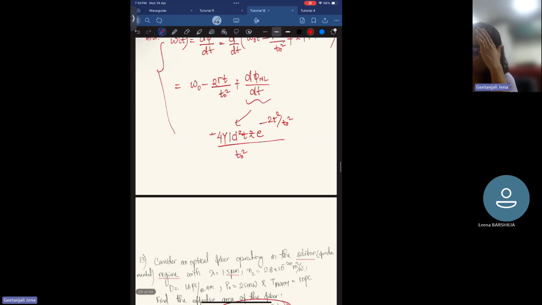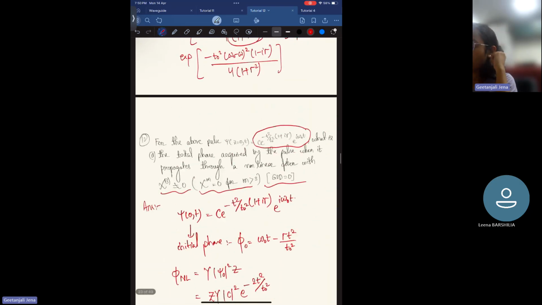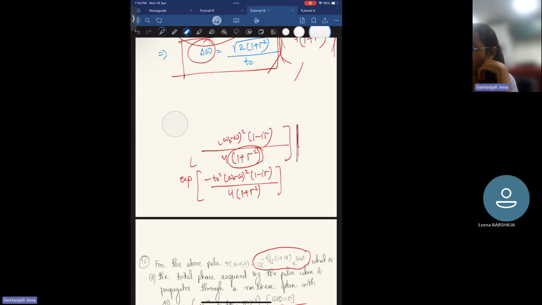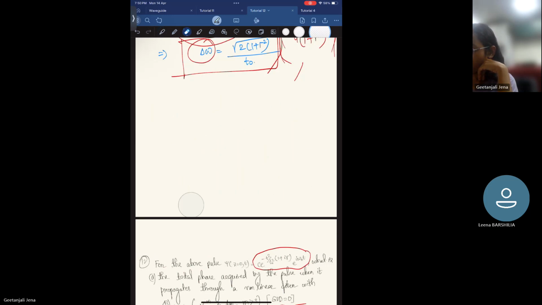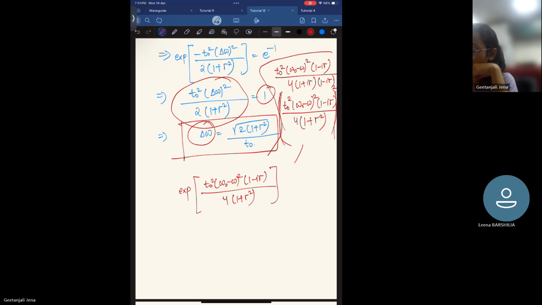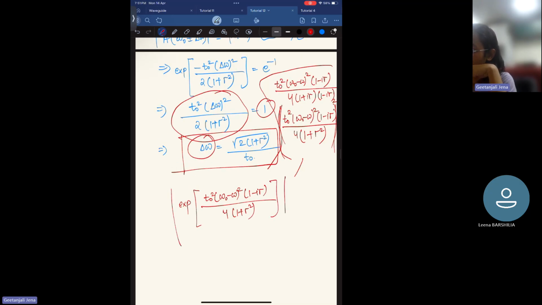I think in the previous step, the confusion may be arising while taking the complex conjugate. So if you see it like this, as far as I can guess, you are taking t0 square, omega 0 minus omega square, 1 minus gamma, over 4, 1 plus gamma square, taking the square.